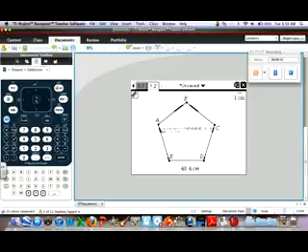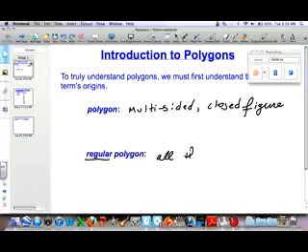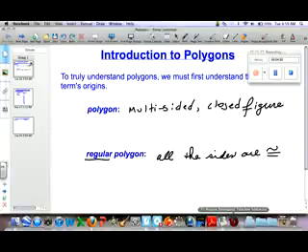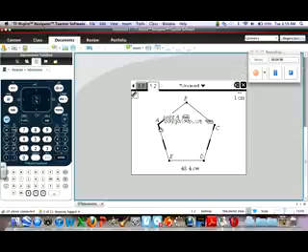What's important to learn here is that in a regular polygon, all the sides are congruent. That's a really important piece to remember about regular polygons: all your sides are congruent.